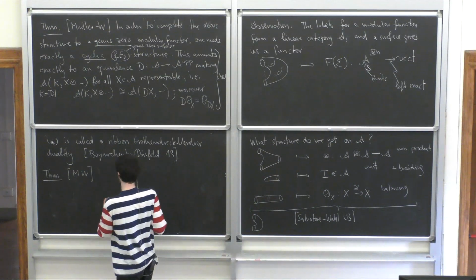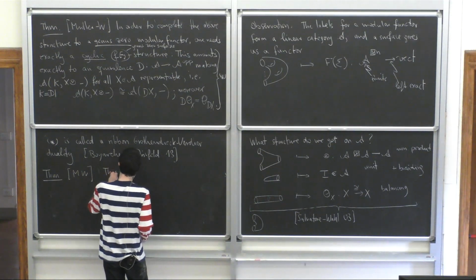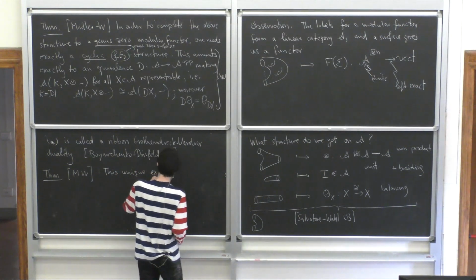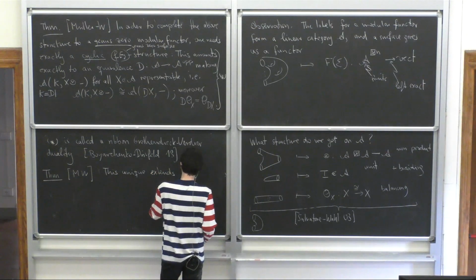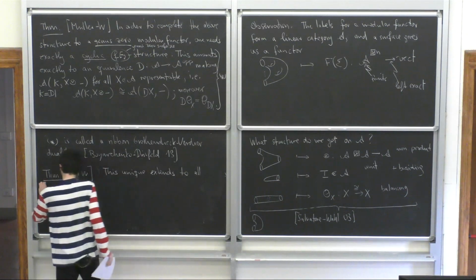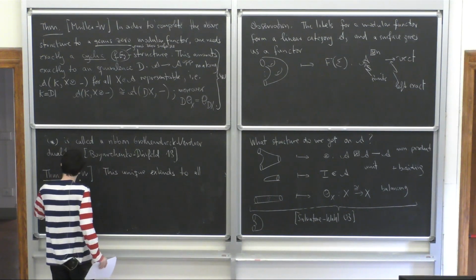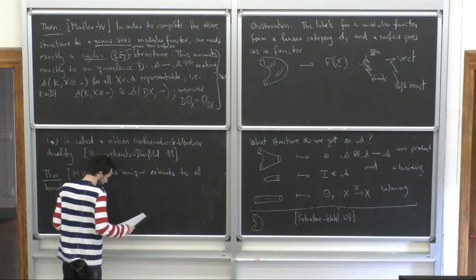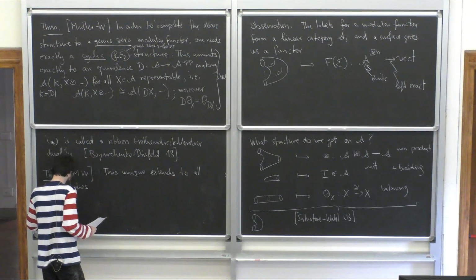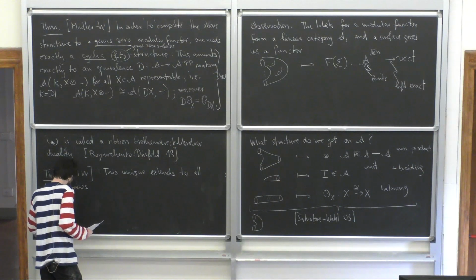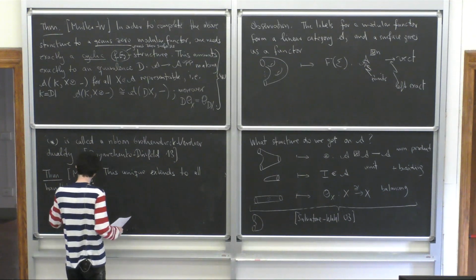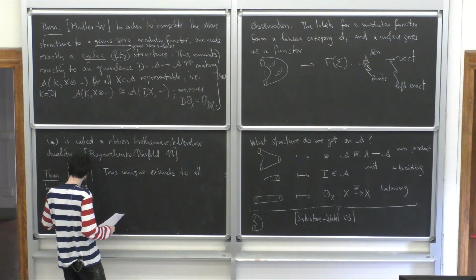But still, it is helpful that this already uniquely extends to all handle bodies. And how does it extend? If we have such a handle body, on the blackboard it looks like a surface, but now this is filled.